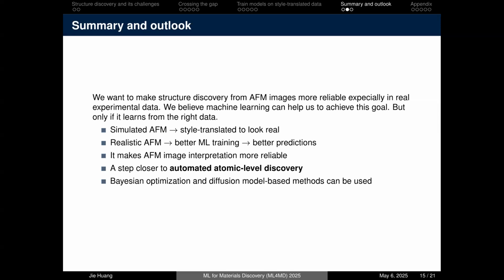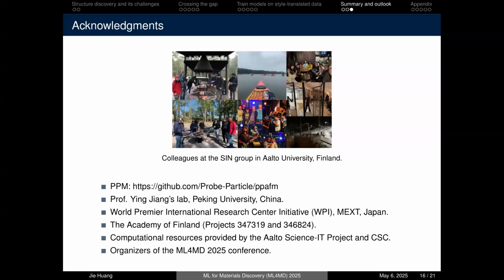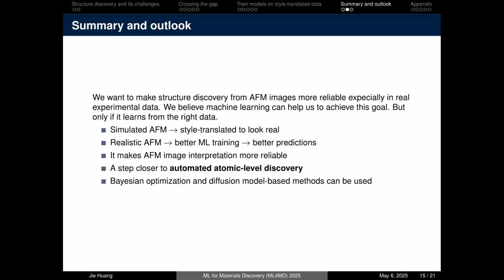So we use style translation to translate the simulation images into more realistic experimental images, and then use them to train the machine learning model, and we find it gives better predictions, which makes AFM image interpretation more reliable. I think this is a step closer to automated atomic level discovery.